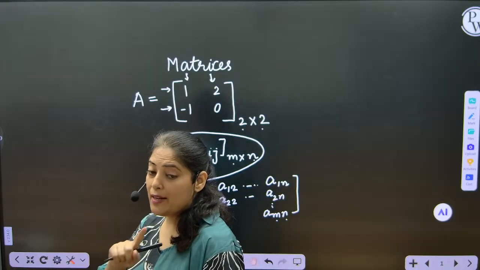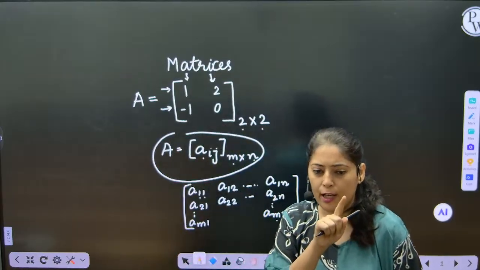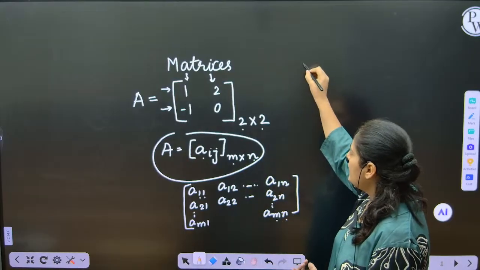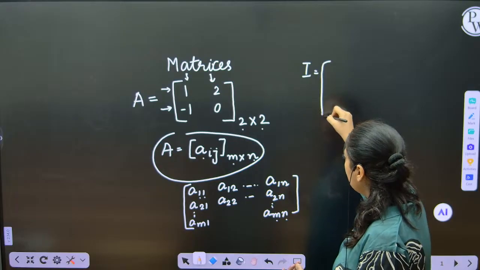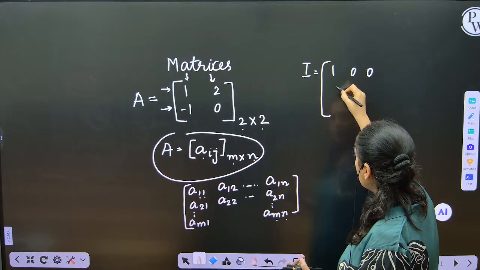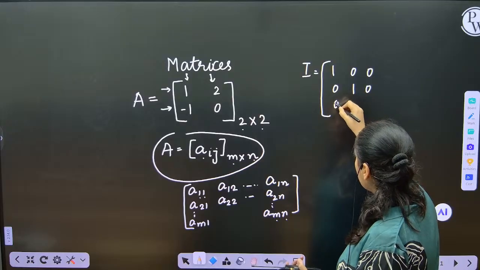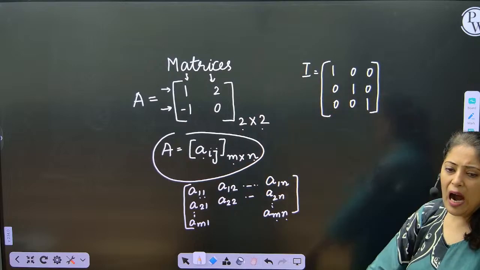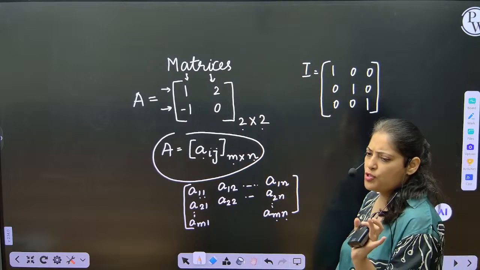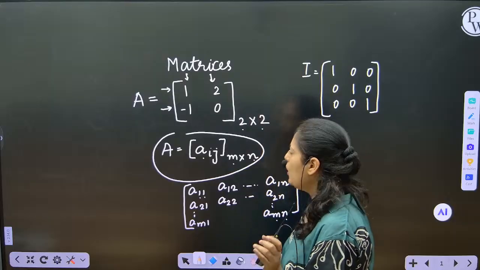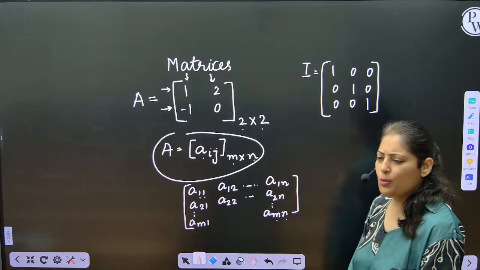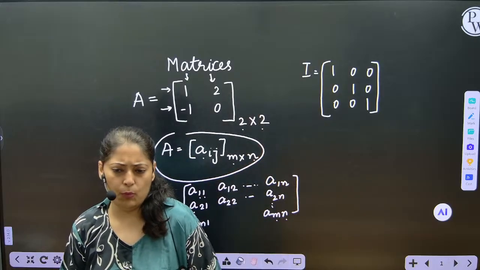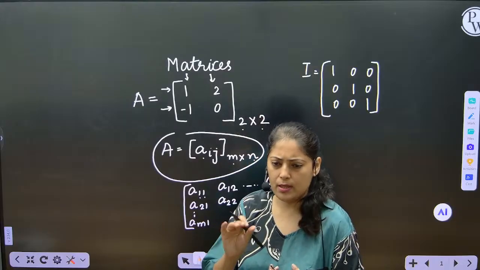Identity matrix is of this kind, 1, 0, 0, that means all the diagonal elements have to be 1. Identity matrix is also known as unit matrix. Null matrix and zero matrix are the same thing. And many more, like column matrix and row matrix.